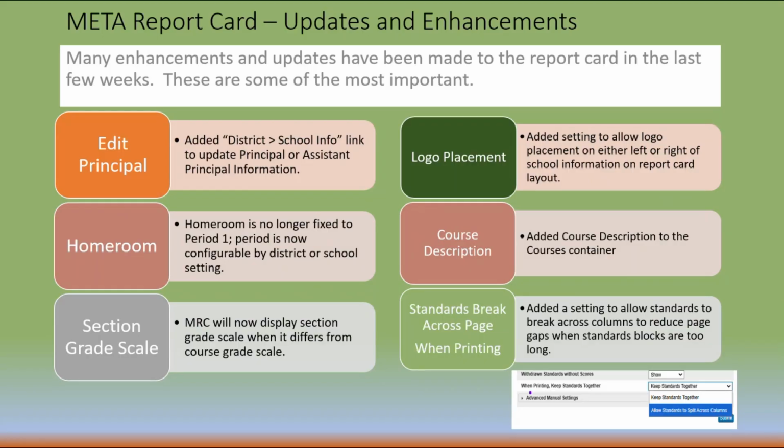And when you click on it, depending on if you're at the district or the school, it will take you to the spot you need to go to. If you're at the district, it pops up and says this is a district function, and you click on it, it will take you to that list where you can click on the school. If you're in the school, it will take you directly to the field where you edit the principal or the assistant principal information.